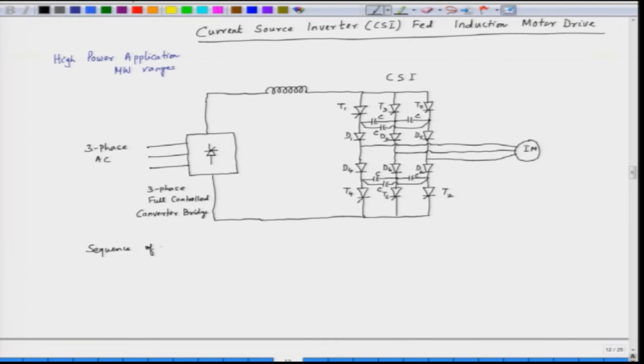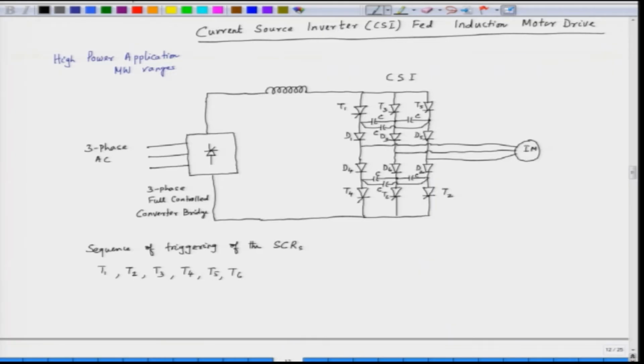The sequence of triggering of the SCRs is T1, T2, T3, T4, T5 and T6.